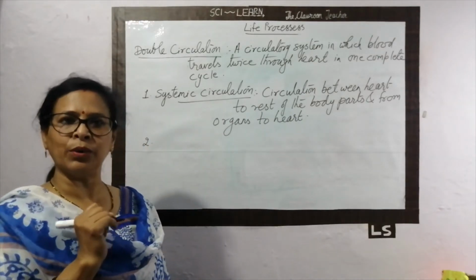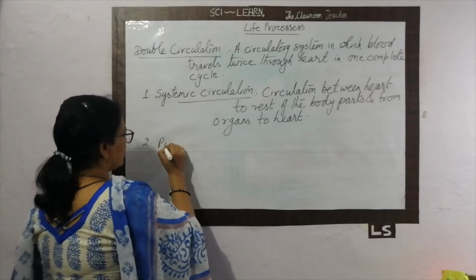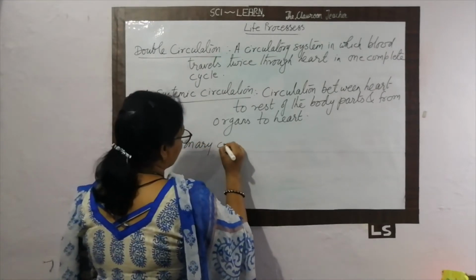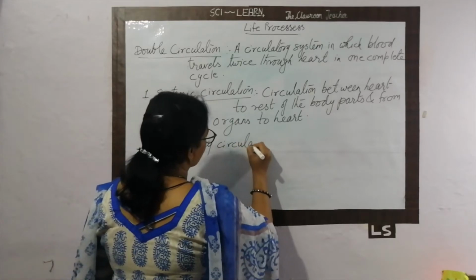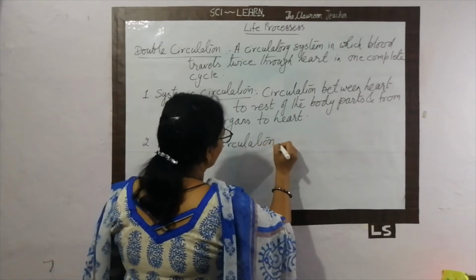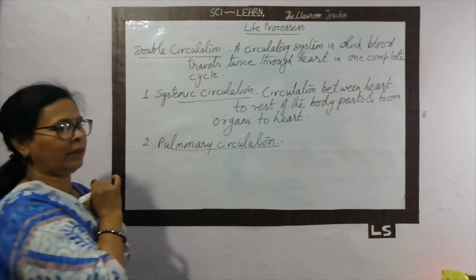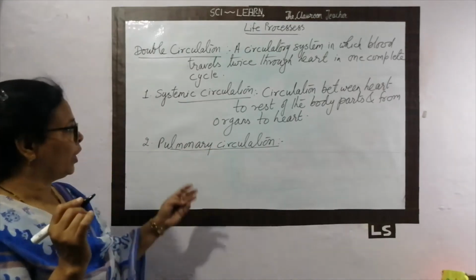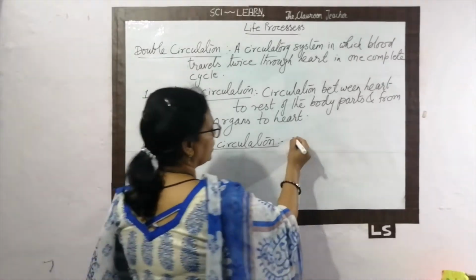The second part of the double circulation is called pulmonary circulation. Why is it called pulmonary circulation? Because it is performed with the help of the pulmonary artery and vein. And what is pulmonary circulation?